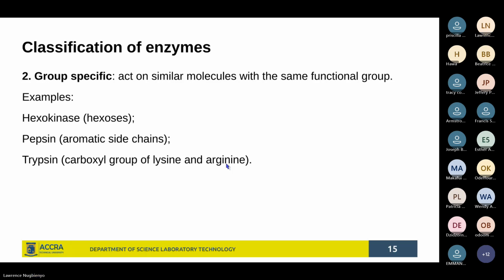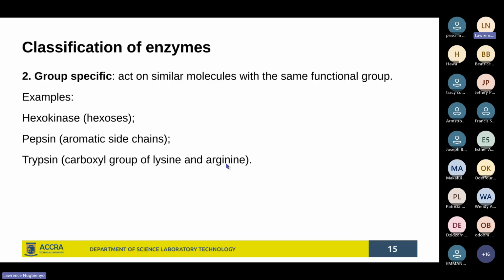So if you take enzymes that act on, say, hexoses, which are 6 carbon sugars, that's a group of monosaccharides that these enzymes will be acting on. The name is hexokinase. Again, kinase means that the enzyme catalyzes the transfer of a phosphate group onto hexoses.